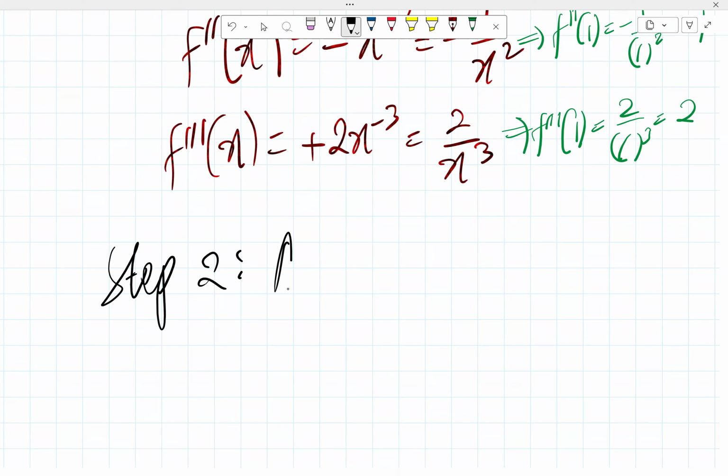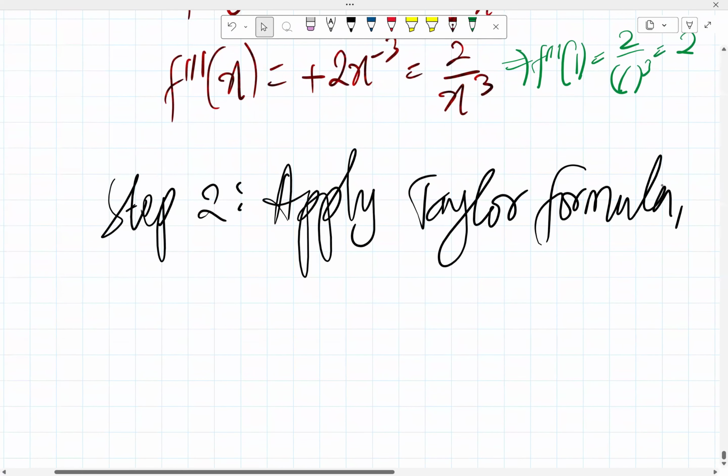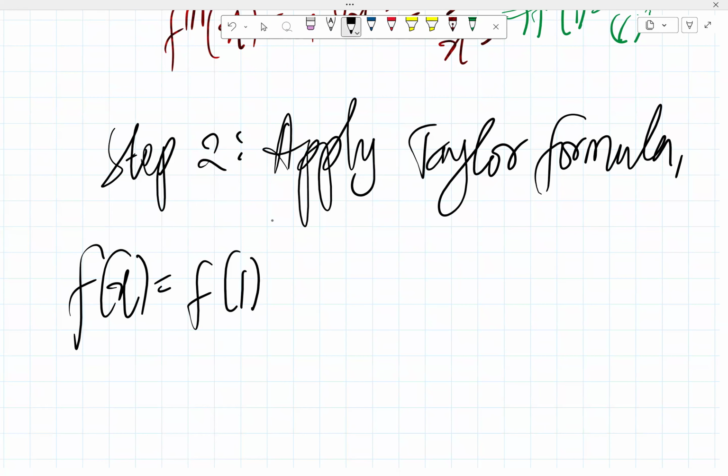Step 2, apply the Taylor formula. The Taylor formula is simply this: f(x) is equal to f(a), but our a now is 1.